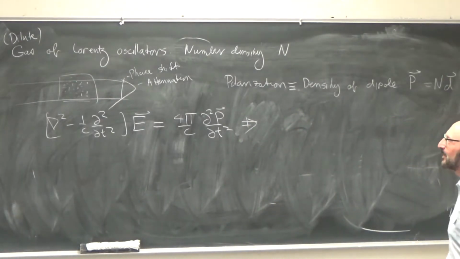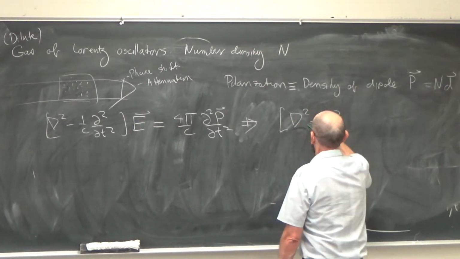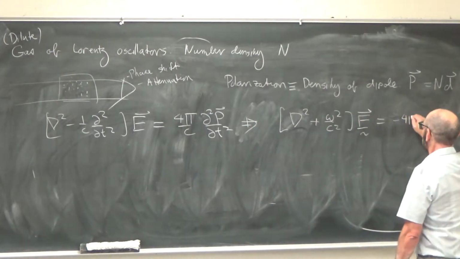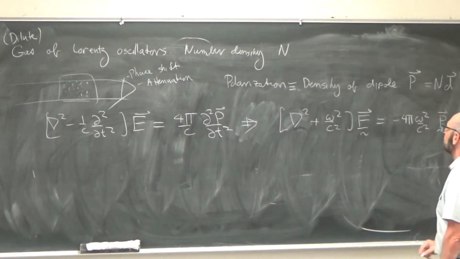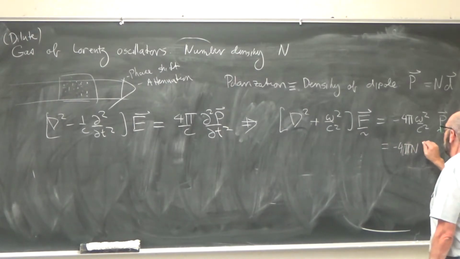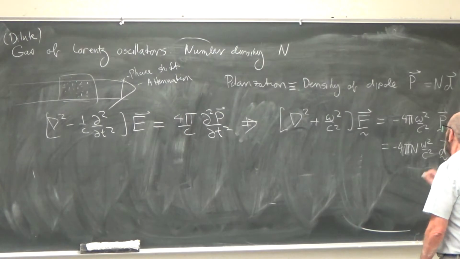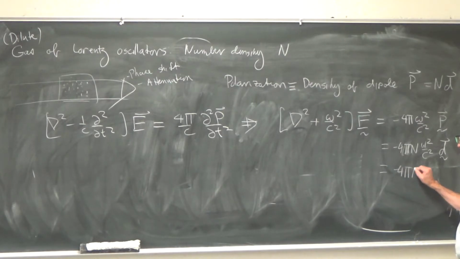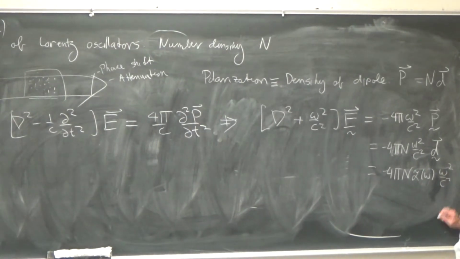I'm going to first go to the complex amplitudes and write this as plus omega squared over c squared E tilde is equal to minus 4 pi omega squared over c squared P tilde, which is minus 4 pi n omega squared over c squared p tilde, which is equal to minus 4 pi n alpha omega squared over c squared E tilde.